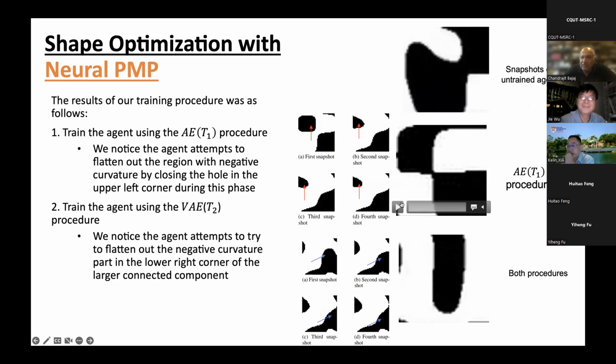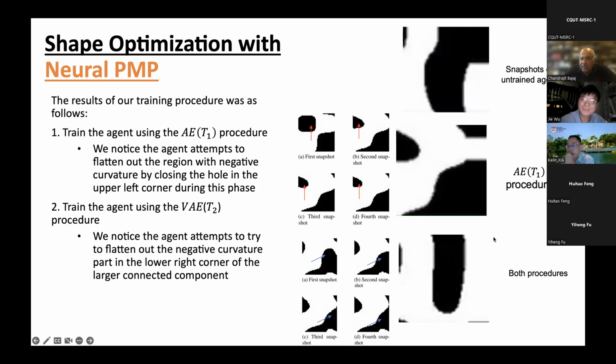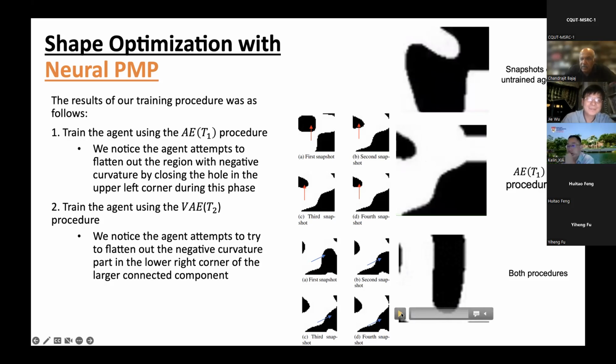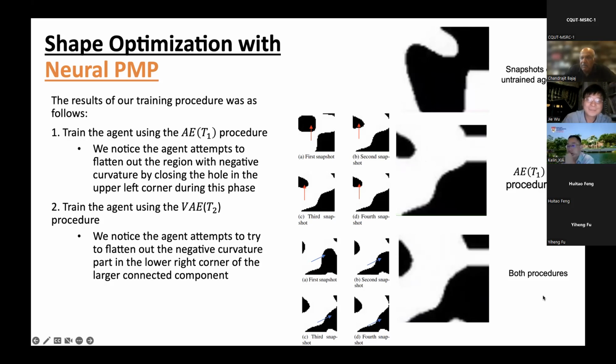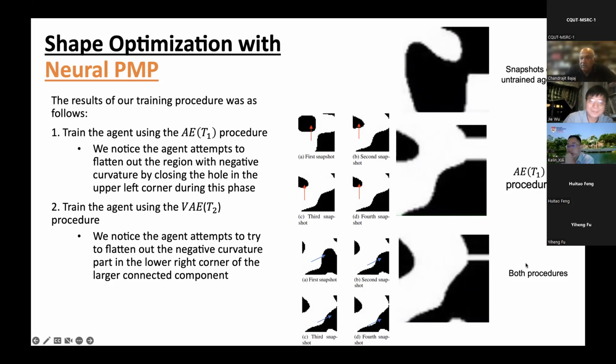And as you can see, you've got negative curvature regions. So this is clearly not converging to an optimal shape. And if you start to look at this, all of the negative curvature regions are disappearing, and you're converging closer and closer, by applying both procedures, to a shape in which all the negative curvature regions are gone.